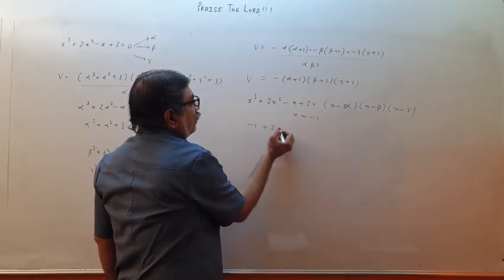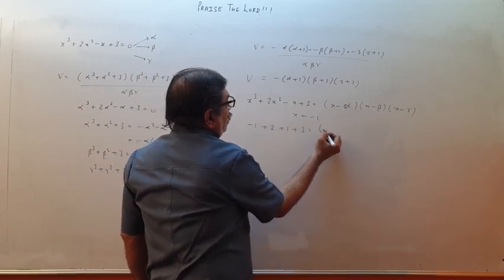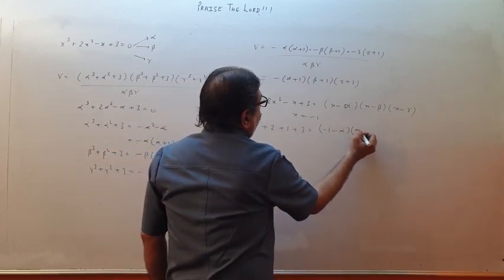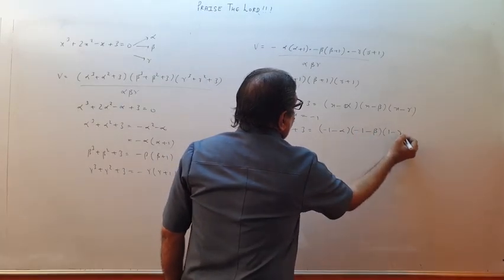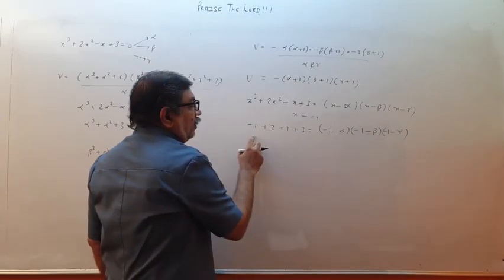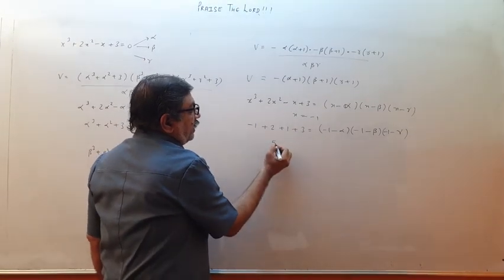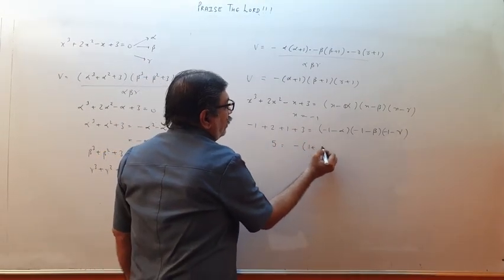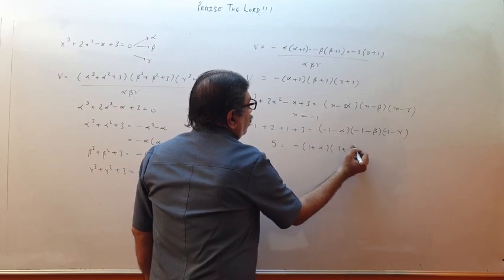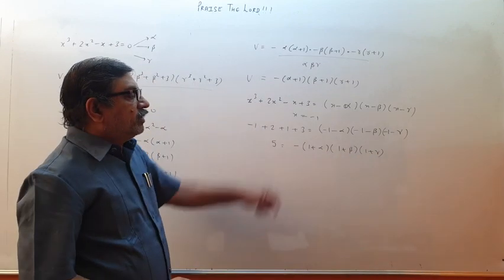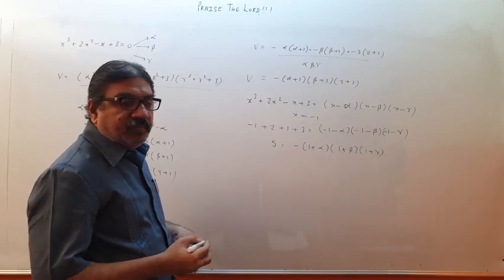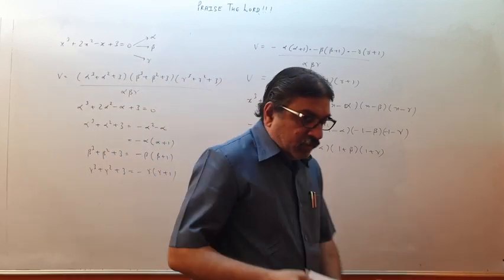So minus 1 plus 2 plus 1 plus 3 will be (minus 1 minus alpha)(minus 1 minus beta)(minus 1 minus gamma). So this will be 5, 6 minus 1, 5 is equal to minus of (1 plus alpha)(1 plus beta)(1 plus gamma). So this is how much? Minus 5. Put over here. The value is 5 automatically. Like this we get. Okay children.